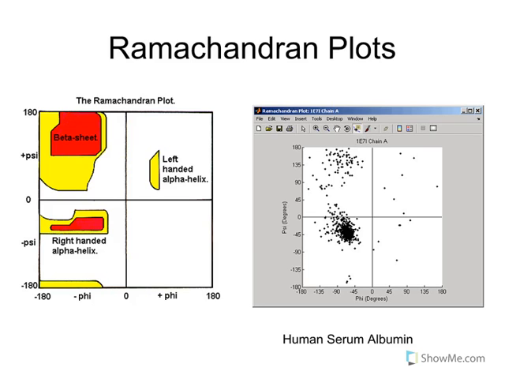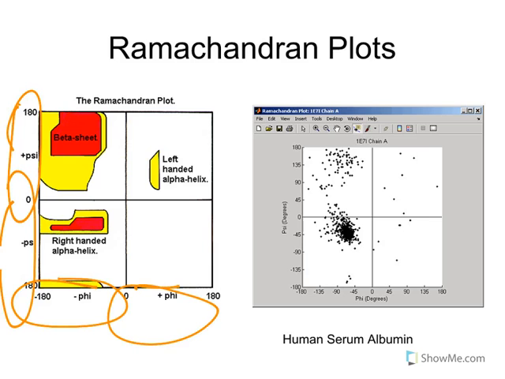So remember, if you think back to, I don't know if they did it in calculus or geometry or one of your higher math classes, rather than saying from 0 to 360, they like to say negative 180 to positive 180, but it's the same thing. And so this would be a positive psi versus a negative psi, negative phi and positive phi.